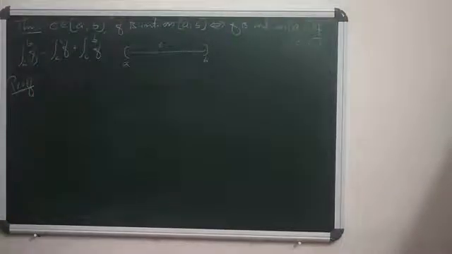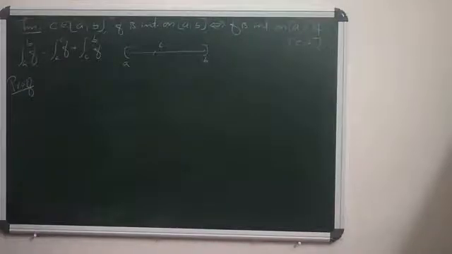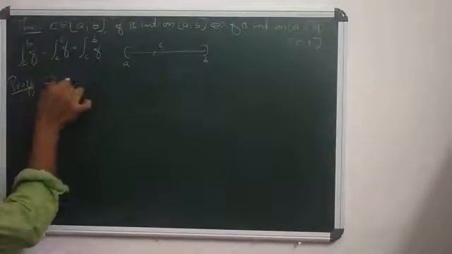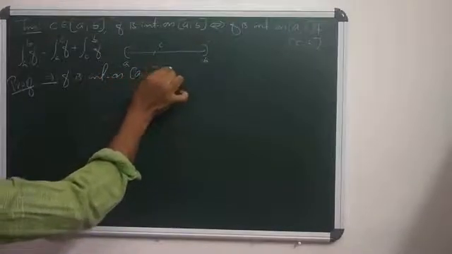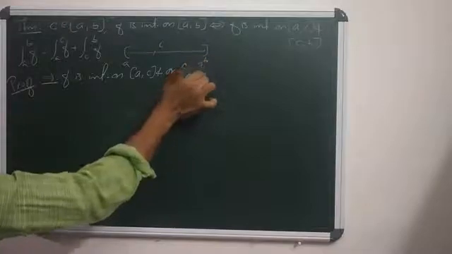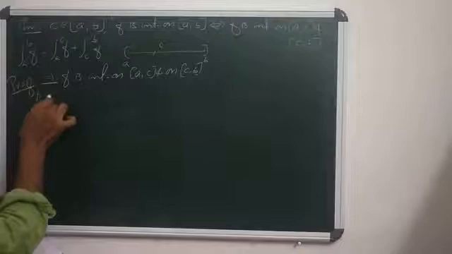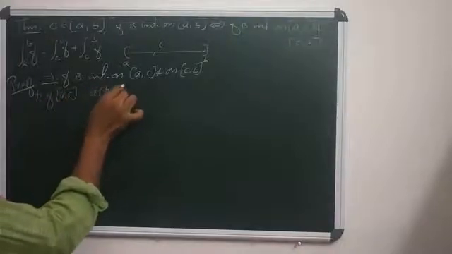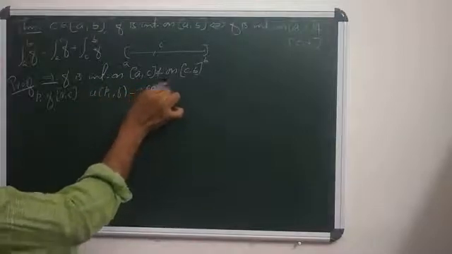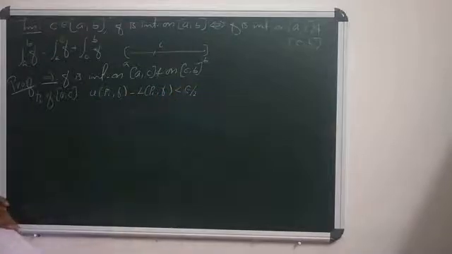C is in closed AB. First suppose that f is integrable on closed interval AC and on closed interval CB. That's the first argument. F is integrable on closed interval AC means for any partition P1 of closed interval AC, U P1 f minus L P1 f is strictly less than epsilon by 2.